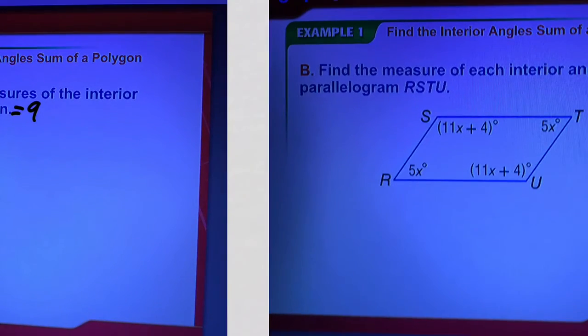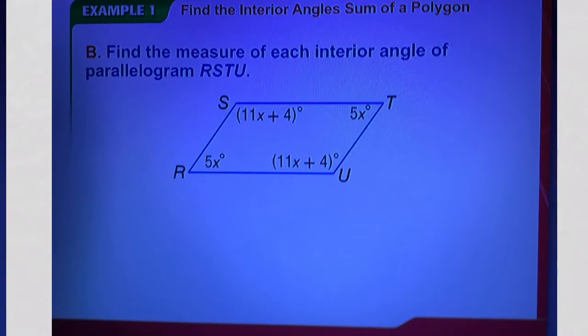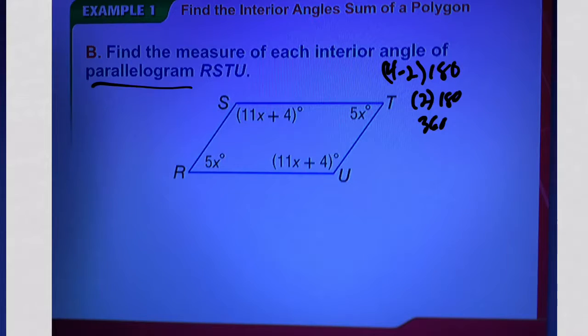Let's try our next example. Here we have a parallelogram which has 4 sides, and then we have some expressions for all the angles. First thing we have to figure out is how many degrees the angles add up to. Since it's a quadrilateral, we have 4 sides, so 4 minus 2 times 180. That would give us 2 times 180, which gives us 360.